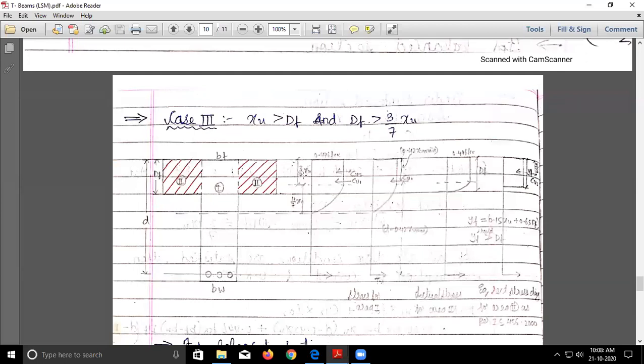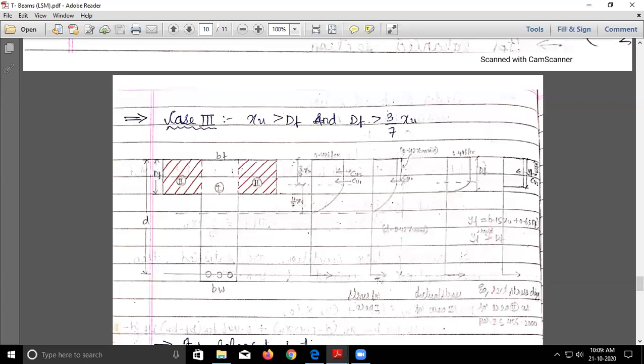This is DF. Now look, 3/7 XU is smaller than DF. That means DF is greater than 3/7 XU. Can you see my cursor, everyone? Yes, sir.